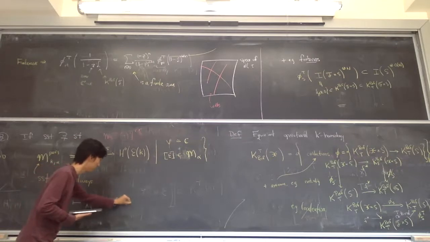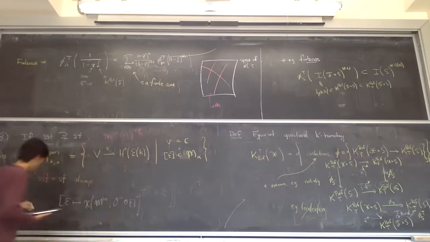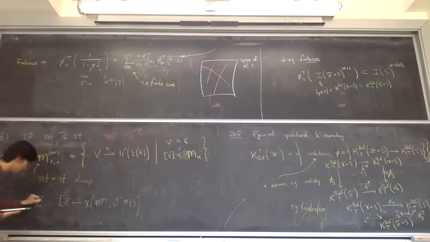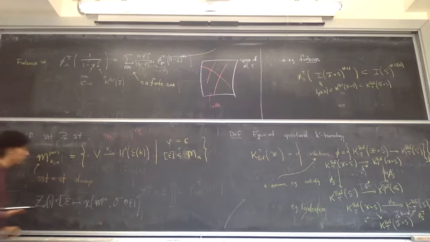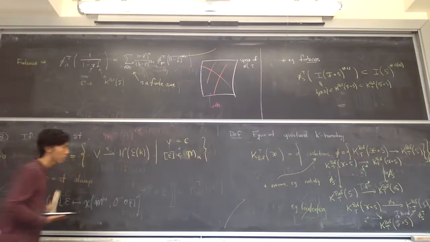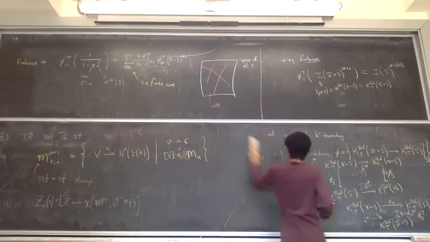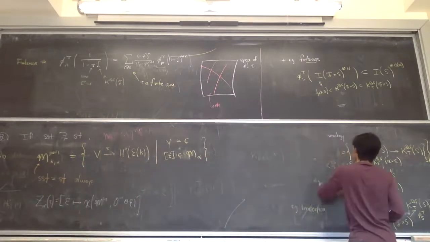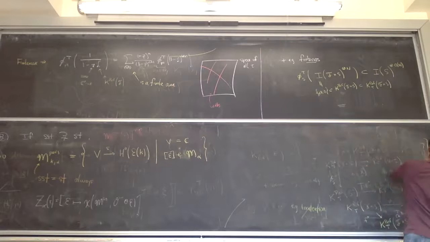Let's give this a name. Let's call this Z alpha tau. So this is some universal enumerative invariant inside K-homology, inside our notion of K-homology. And what we'll do is we'll take Z pairs, we'll take this object for the pair stack, and we'll use it to define the semi-stable invariants that we want.